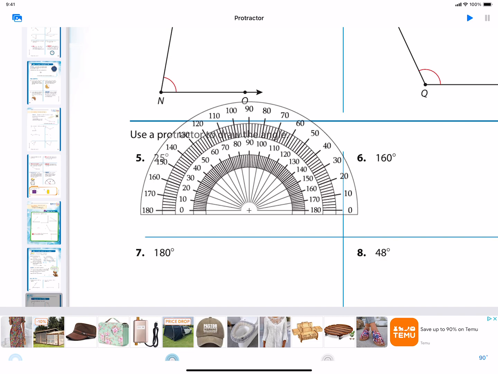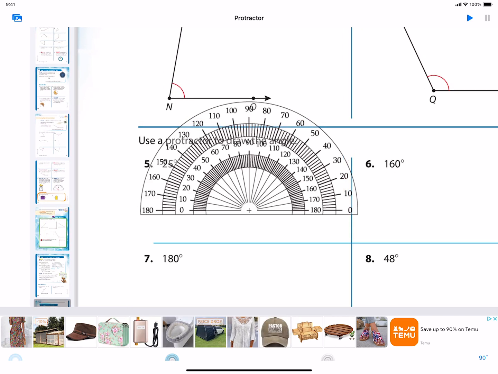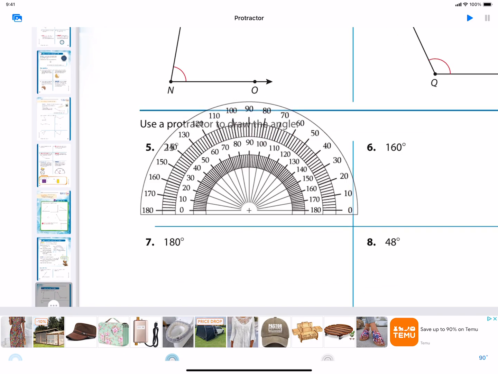Place that vertex on the center of the protractor, and then point at 25, which means in the middle of 20 and 30. Place the dot and then just connect the vertex and the point, and that's going to be the degree or angle.